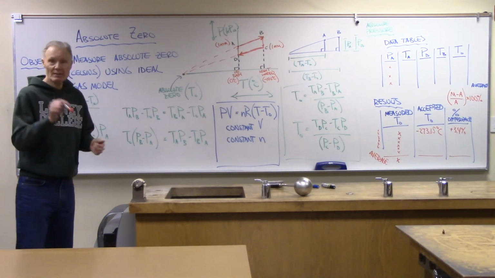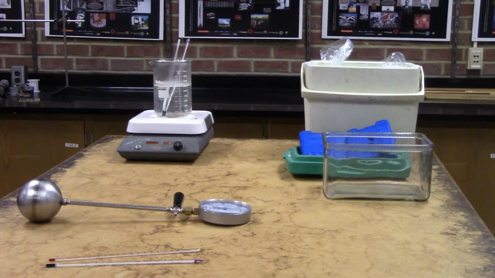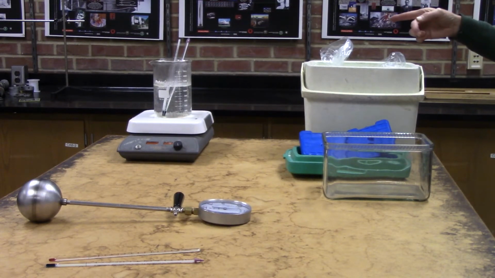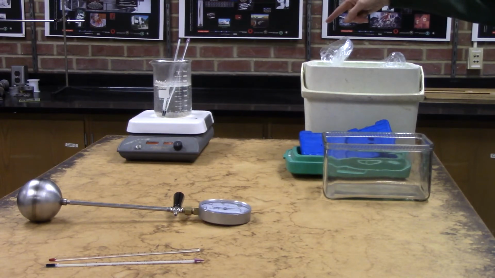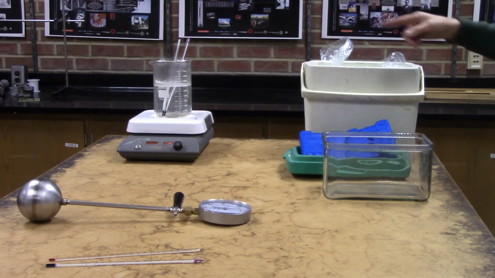What I want to do now is switch over and take a look at the setup. All right, so we needed the high temperature environment. I've got a bunch of water that has come to a full boil over here. I was just checking the temperature on our thermometers.